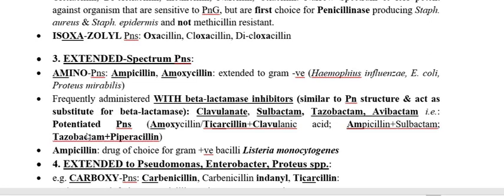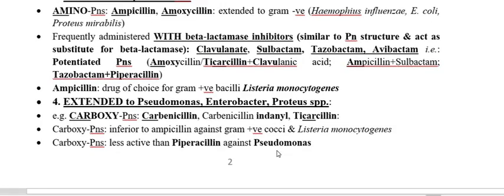So this is about the extended spectrum penicillin, and ampicillin is a very good choice of drug for treatment of gram-positive bacilli, Listeria monocytogenes. So this is very important.